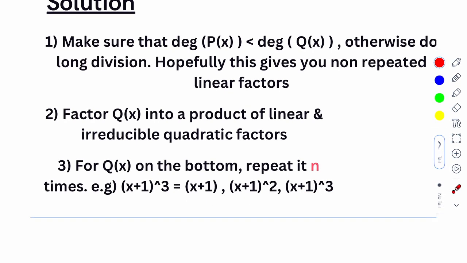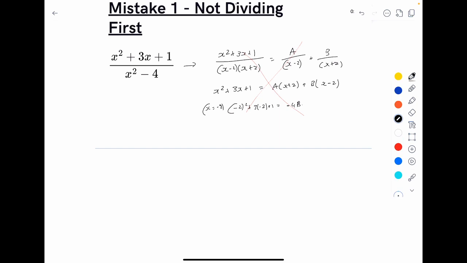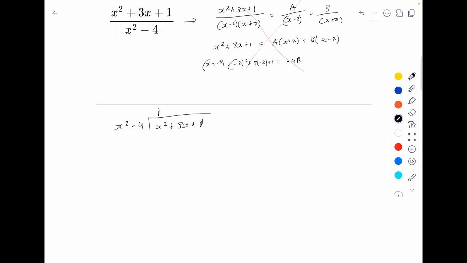So what does that look like in practice? Back to this example, what we're going to do instead is divide x squared plus 3x plus 1 by x squared minus 4. Right, so if we do x squared minus 4, and this is taking into account our rule here, that goes in once, we get x squared, so what does that give?